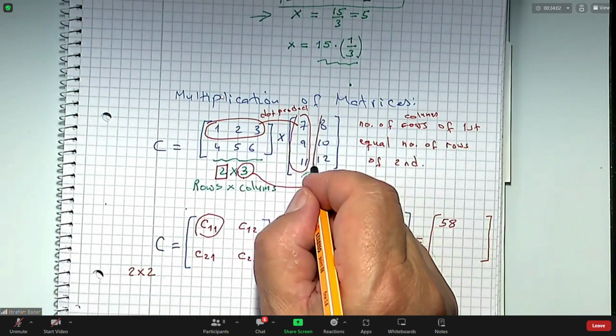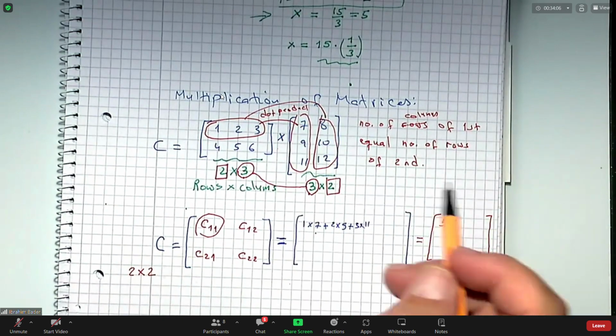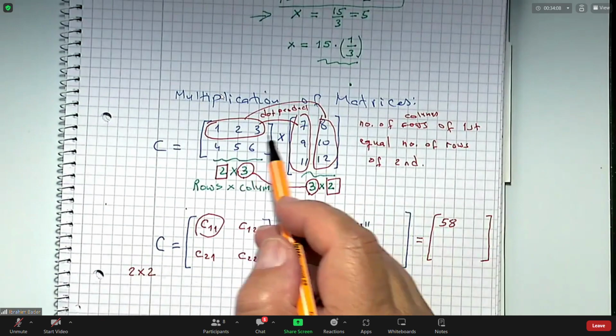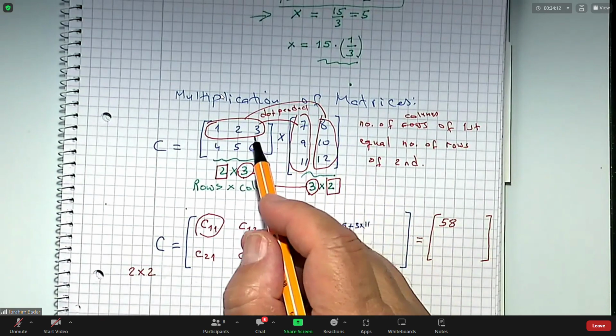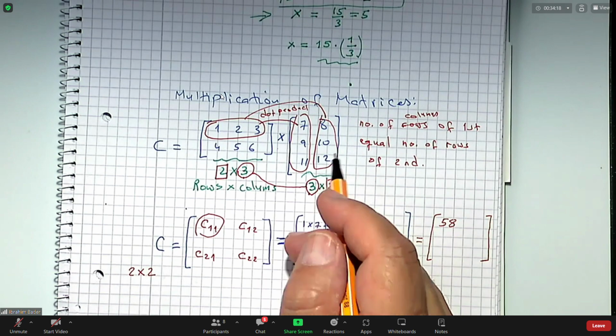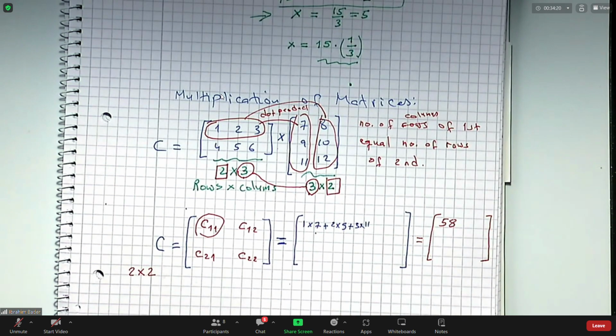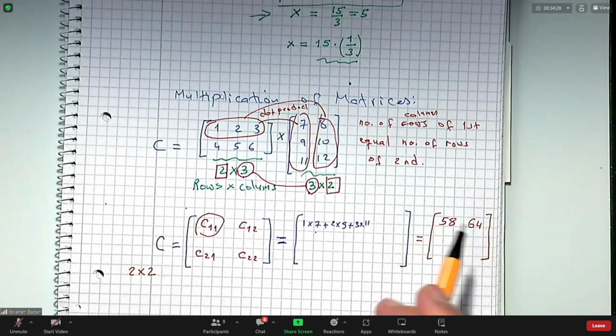So the second element is the outcome of multiplying these two: 1 times 8, 2 times 10, which is 20, and 3 times 12, which is 36. So all in all, what do we get here? 64, right? Okay, is it clear where we got this 64?